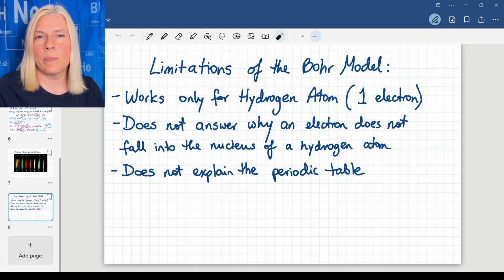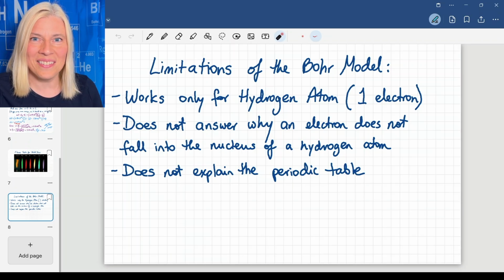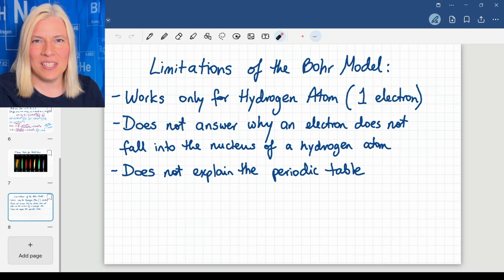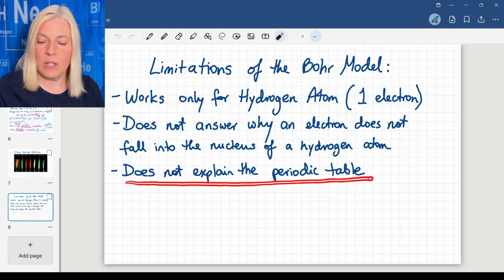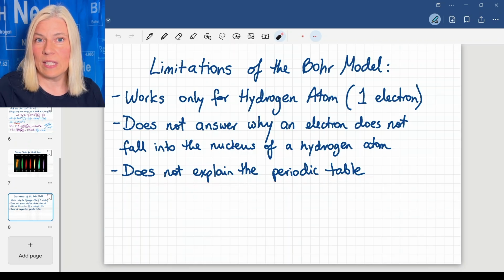And Bohr couldn't explain why. He just says, well, they don't, because they don't. It's not a good explanation in science. And it also does not touch anything on the periodic table, right? Remember, it's 40 years after Mendeleev developed periodic table, and Bohr model does not help us with that.